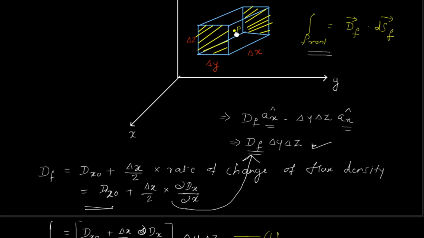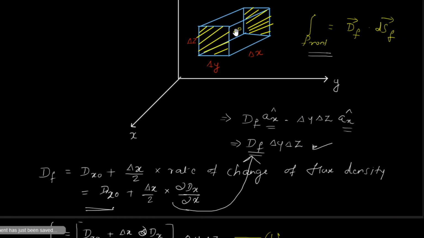Here, at P I have considered dx naught just started converging, and the usual direction of dx naught is along x cap. We write it as dx naught x cap. Now I am evaluating it at the back surface. So the dx naught should move in this direction.